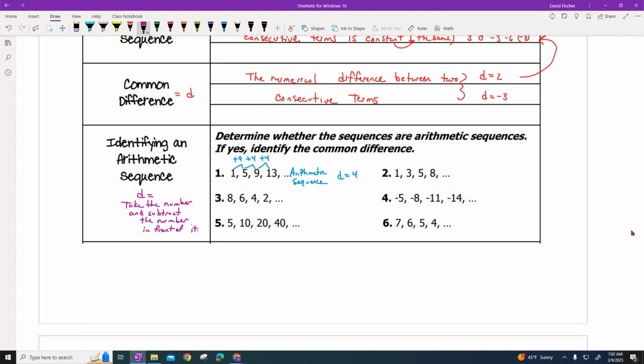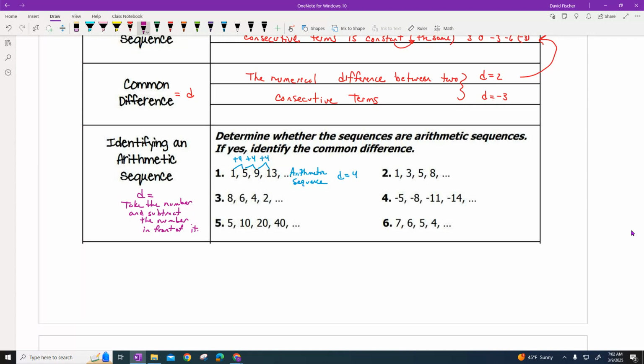We're going to practice it on the easy ones. If I took 5 minus 1, that'd be 4. If I took 9 minus 5, I get 4. 13 minus 9, I get 4. So when we get some crazy numbers or decimals and you want to find d, just take the number and subtract the one in front of it.